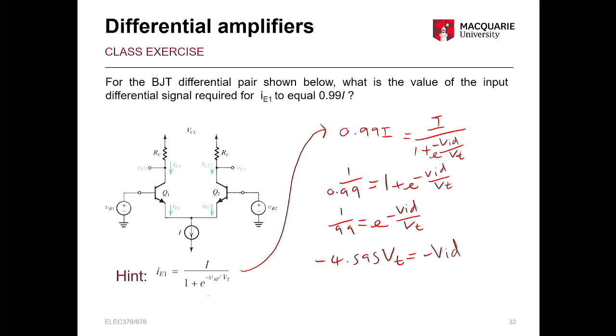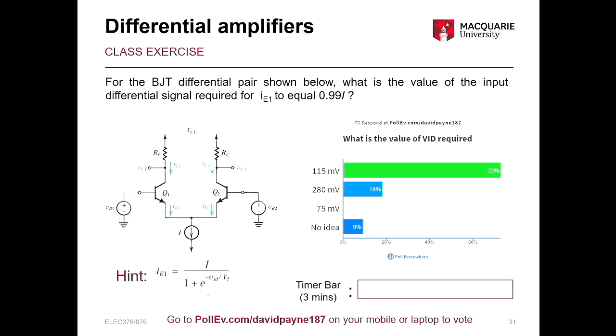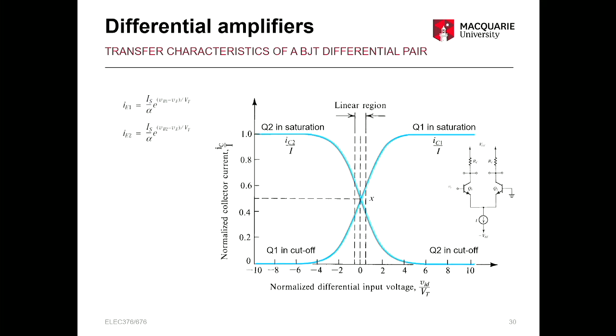Excuse me, but how can we derive that hint? The hint? Yeah. So that was in the previous slide, which I showed you the step-by-step on the transfer function, based on the transistor equations for the emitter current. Yep. Have you got the slides there? Yeah. I can go back to it. This one here.